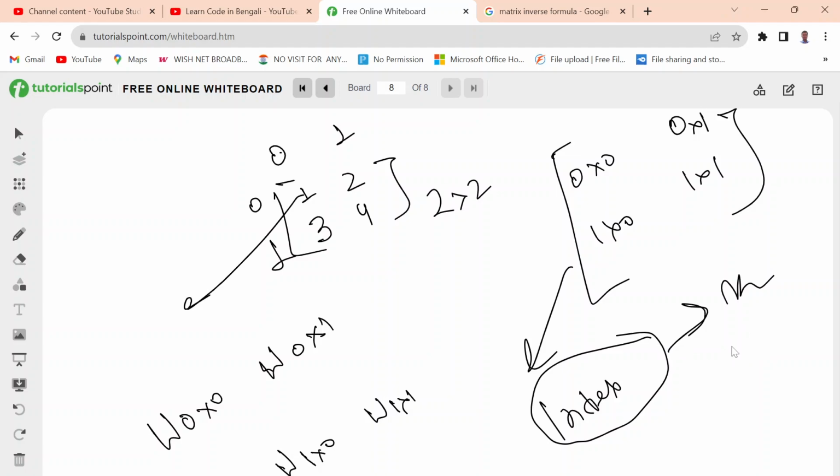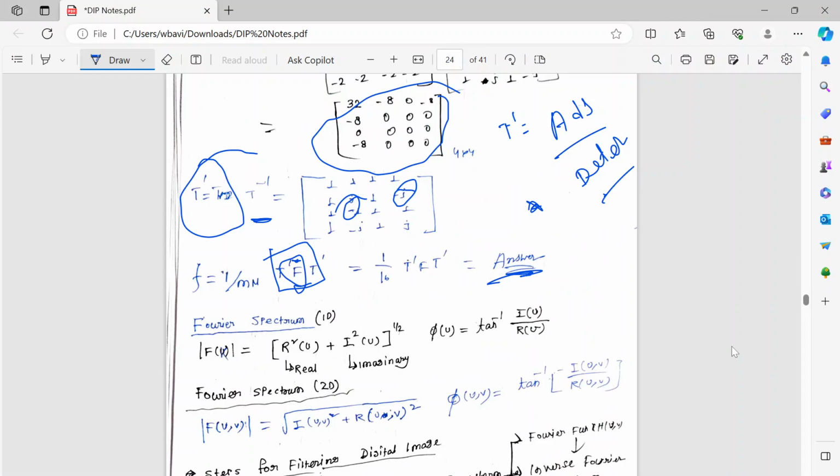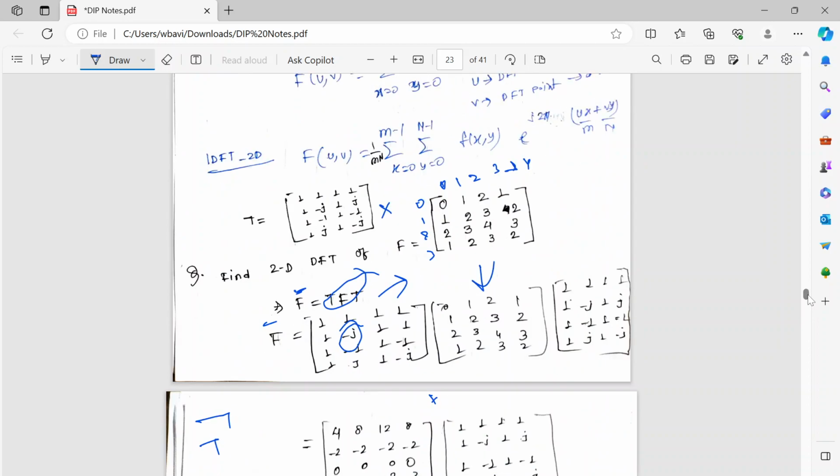Thank you. So first of all, you will get F dash by getting the twiddle factor and doing the multiplication. The formula is TFT, where T is the twiddle factor value and F is the matrix value. After calculating F dash, you will get the T inverse. The formula is adjoint by determinant.